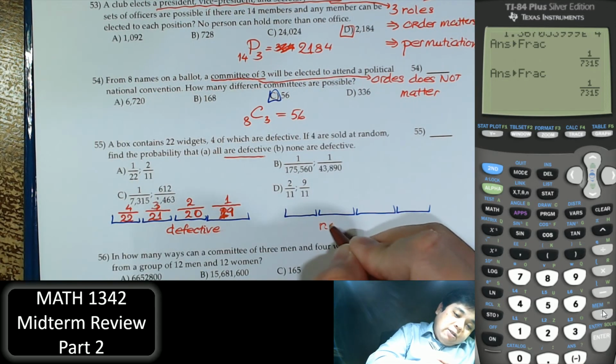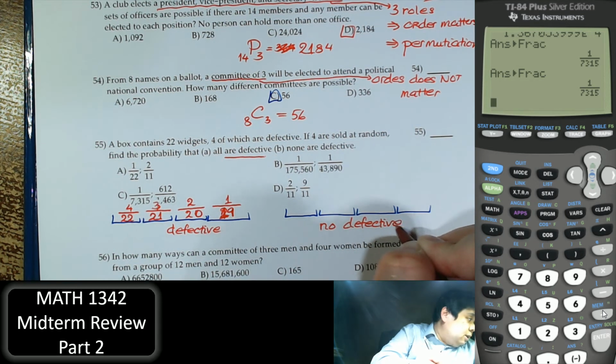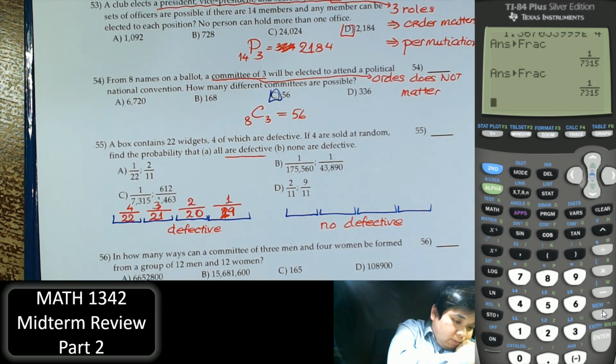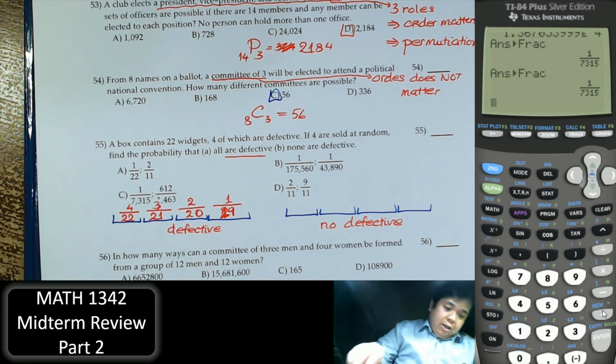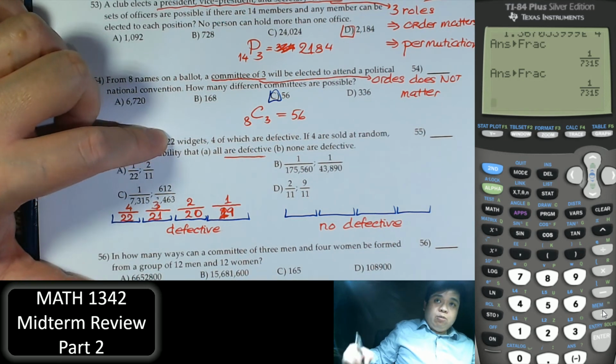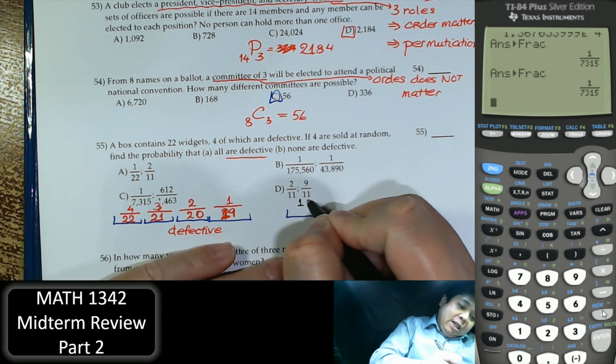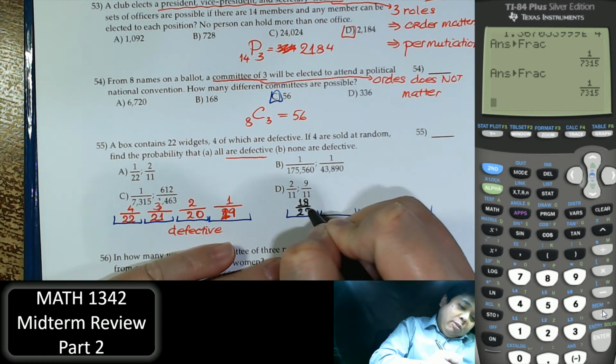And non-defective. Out of 22, 4 are defective, so there are 18 that are good. So originally there are 18 non-defective out of 22.